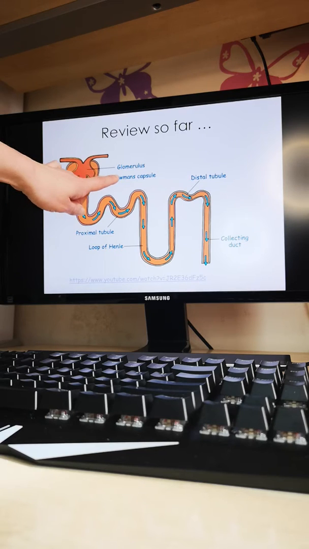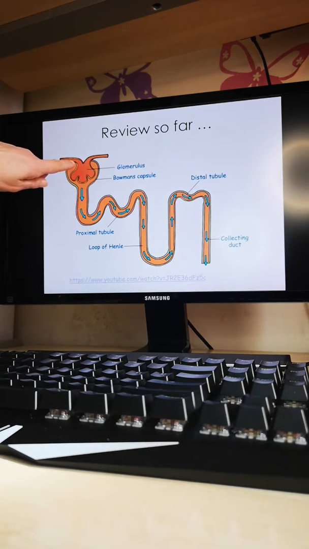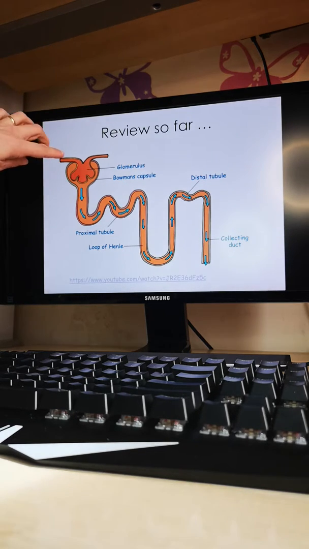But to add to that, the Bowman's capsule is described as the molecular sieve because there are pores in the basement membrane between the capillaries and the Bowman's capsule wall. And the Bowman's capsule wall is made out of cells which are called podocytes, and there are gaps between the feet of the podocytes.